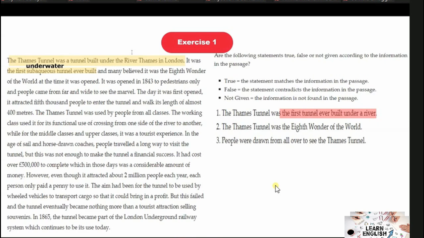So the question now is, is the information here in the passage the same as that in the question? I think yes. Yes, they are the same. The Thames Tunnel was the first tunnel to be built under a river, right? Or underwater. Yes.